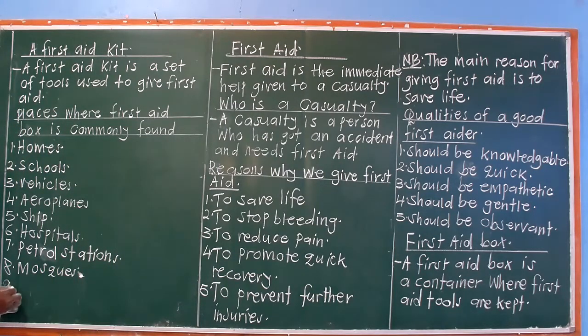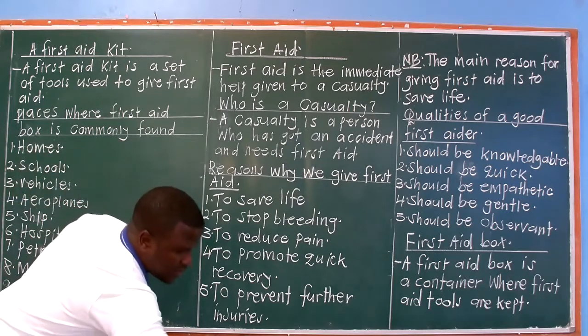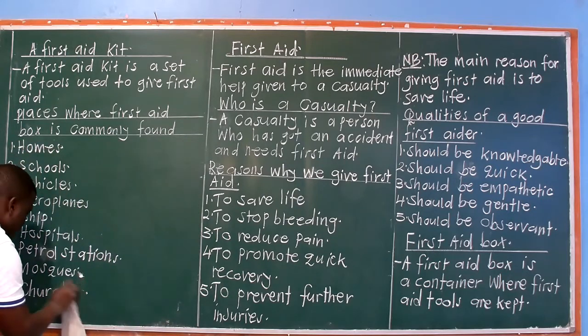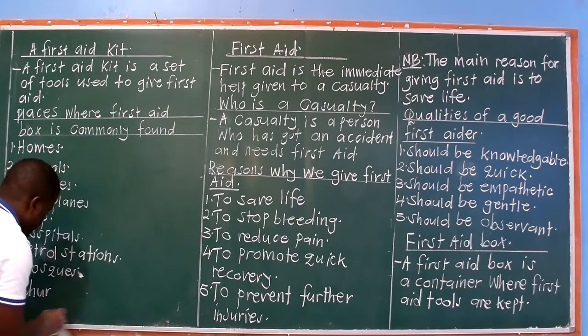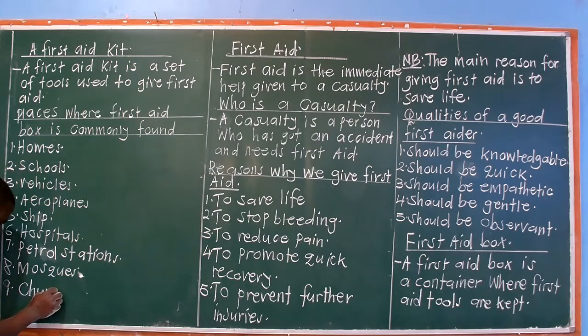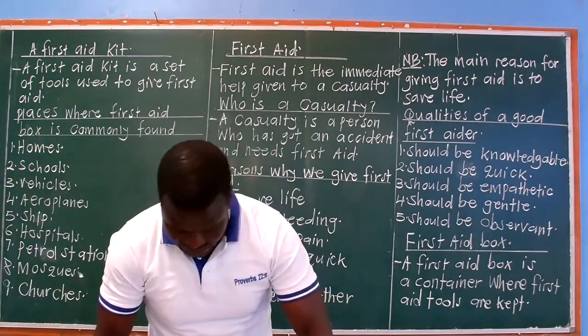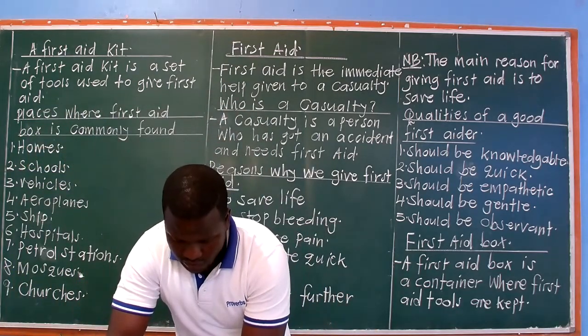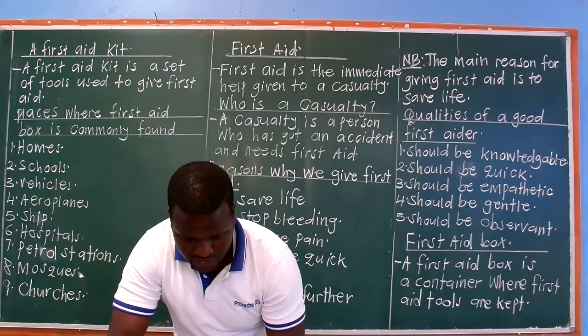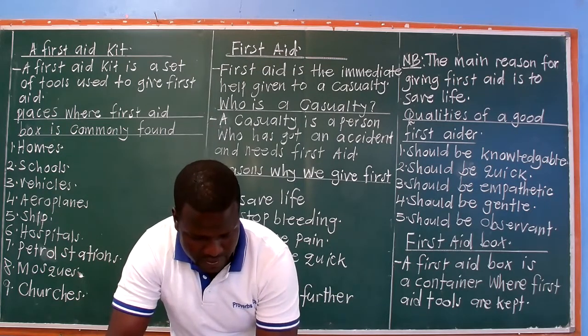Number 9, churches. So first aid boxes should be found in churches, and in case of any accident at church, somebody is able to be given first aid.